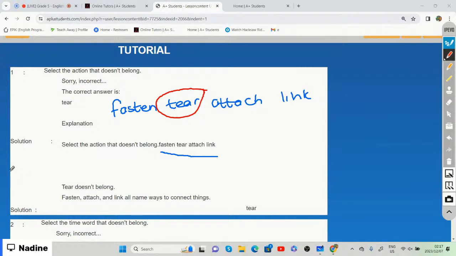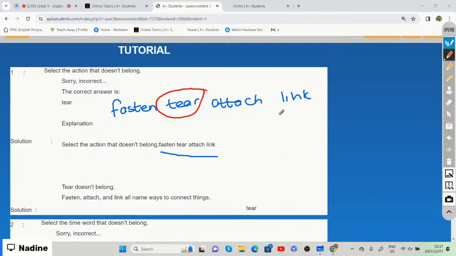Because fasten is closely related to attach, to link up, right? So fasten, tear, attach, and link. And tear does not belong.